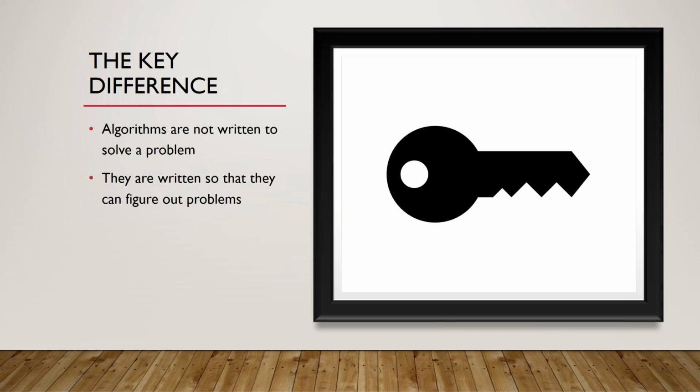The key difference, and if you remember nothing else from today's talk, is that in data science and AI, algorithms are not written to solve a problem. They are written in such a way that they figure out solutions to problems themselves. That is a complete inversion of the software development paradigm we've known for the last 7 decades.